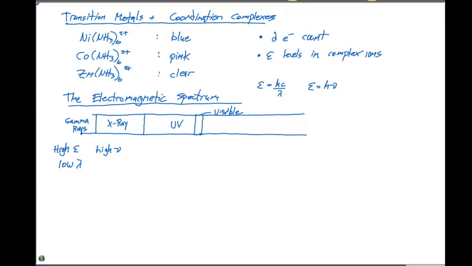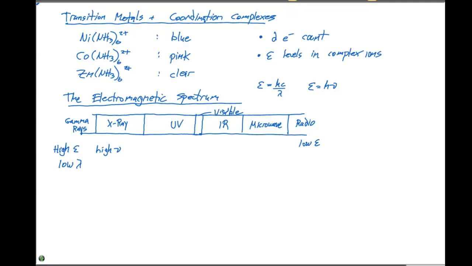The radiation that's even less energetic than the visible spectrum is infrared radiation, followed by microwaves and radio waves. So these are the low energy end of our spectrum.